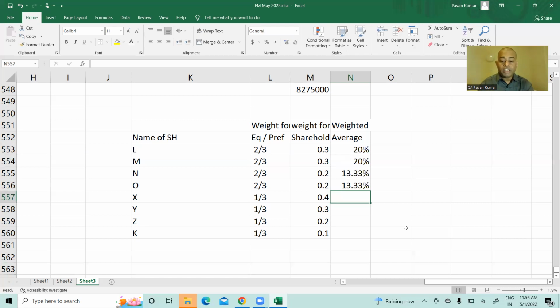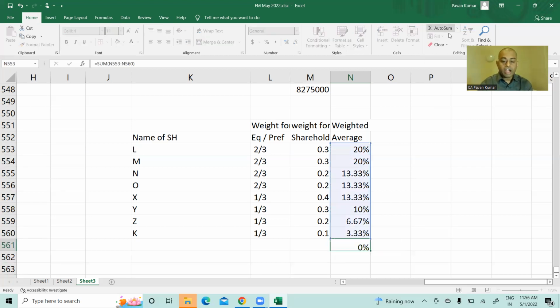Again 13.33%. 1 by 3 into 0.3, it should be 10%. 1 by 3 into 0.2 is 6.67%. 1 by 3 into 0.1 is 3.33%. If you add all this, it should be 100%.